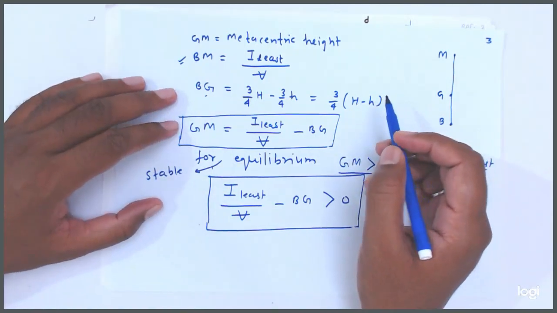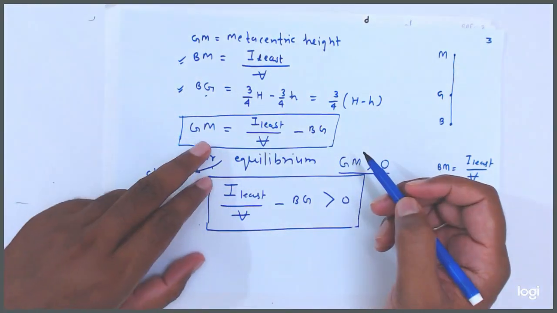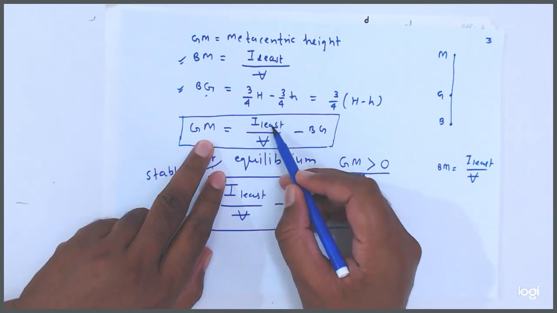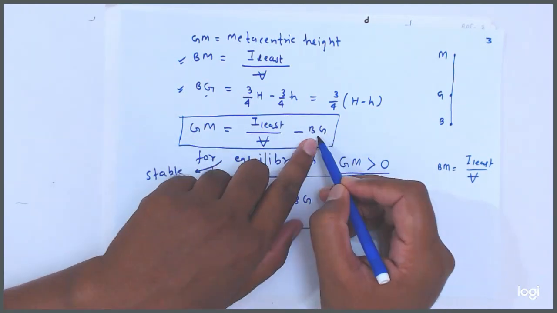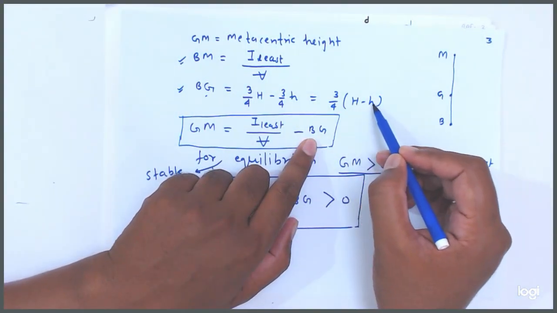Why am I finding this, friends? Why do we have to find this BM and BG? Because this metacentric height GM is equal to I least upon volume of liquid displaced minus BG. BG value from here we are able to find, 3 by 4 into (capital H minus small h).